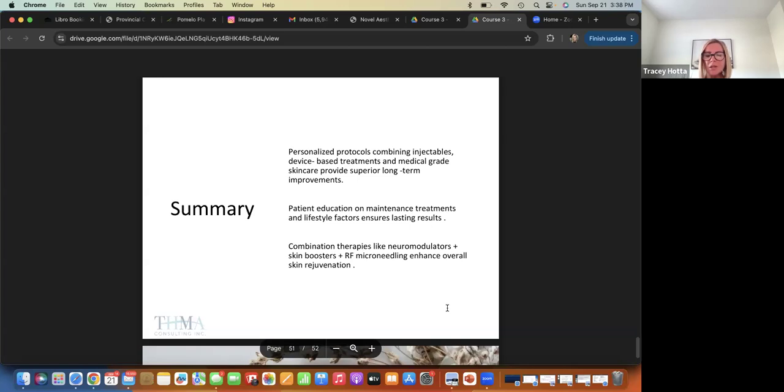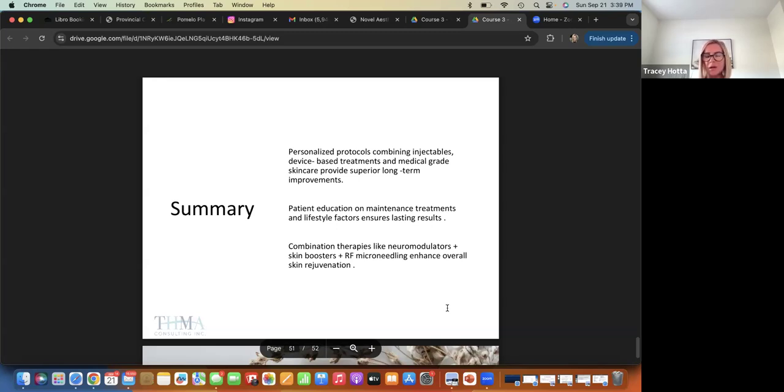You want to provide patient education on maintenance treatments and lifestyle factors to ensure lasting results. So you have to reinforce the importance of maintenance treatments. You have to enforce the use of sun avoidance and sunscreen. If they're coming in and you're improving, getting rid of some of their sun damage, it's important to maintain that result.